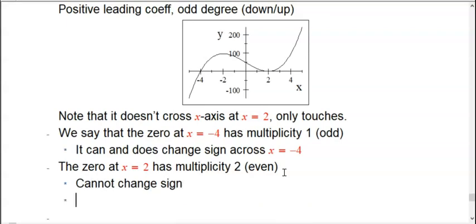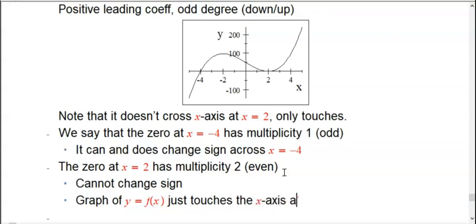And that's why the graph of y equals f of x has a very different behavior. It just touches the x-axis at x equals 2, and doesn't cross.